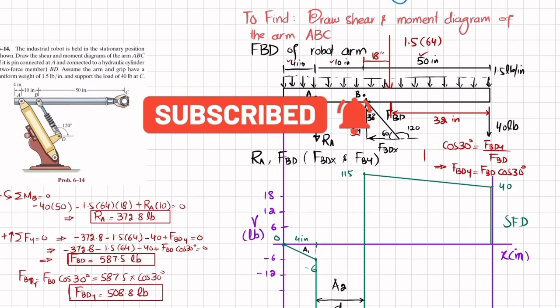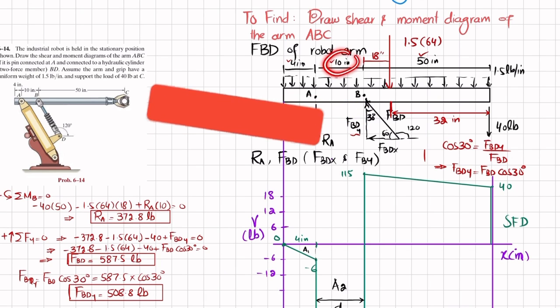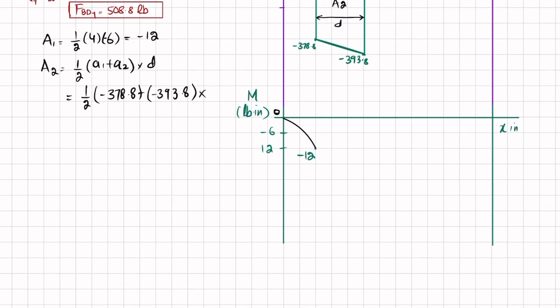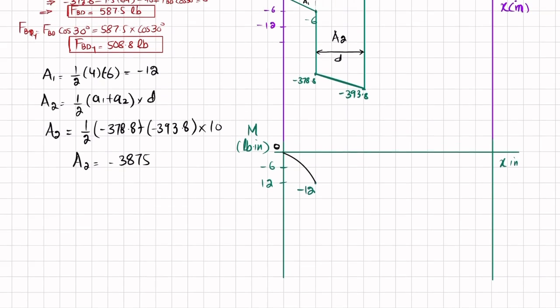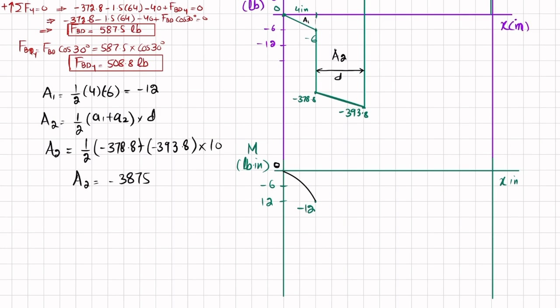The distance between these two is 10. Clear? So I will multiply it with 10. So this area A2 comes out to be minus 3875.